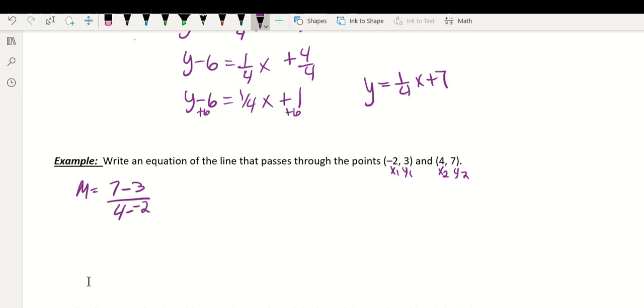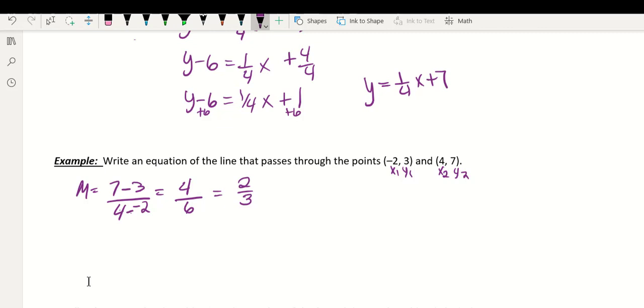Okay? So 7 minus 3 equals 4. And 4 plus 2 is 6, which gives us 2/3 once we reduce it.